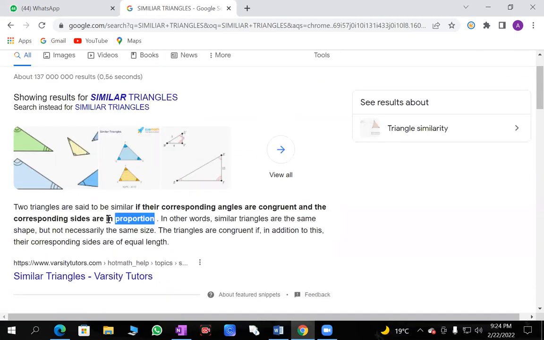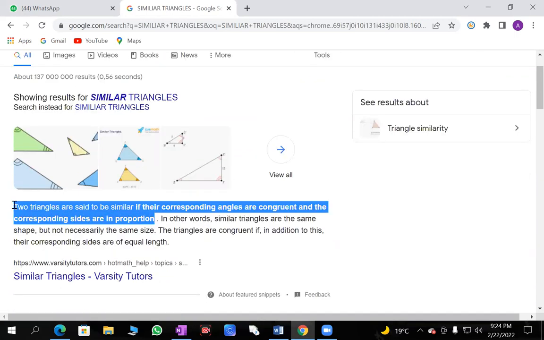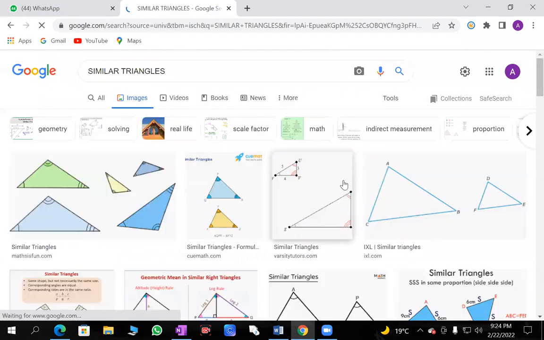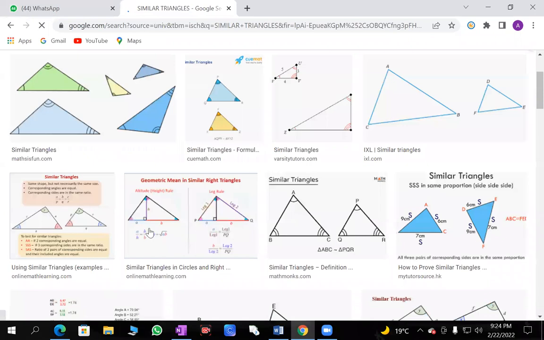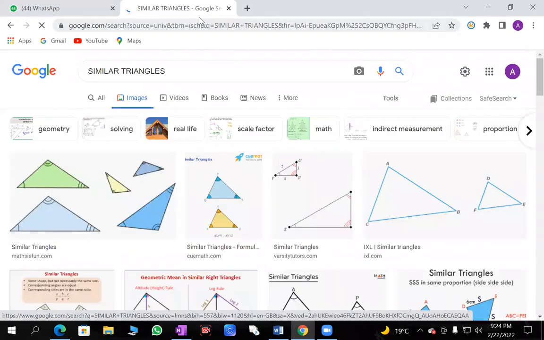I love this guy. Straight to the point. If two triangles are similar, their corresponding angles are equal. Just use, instead of saying congruent, just say equal. The triangles are similar, the corresponding angles are equal. This part here, corresponding angles are equal.